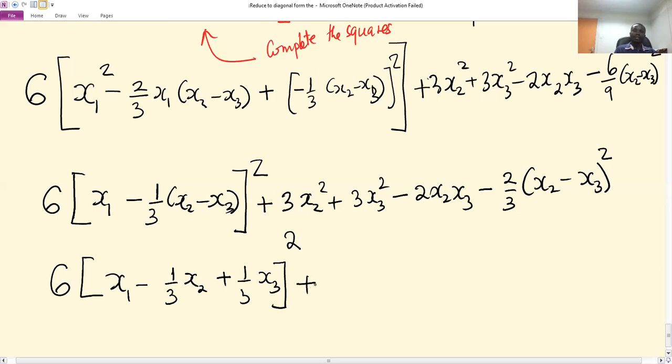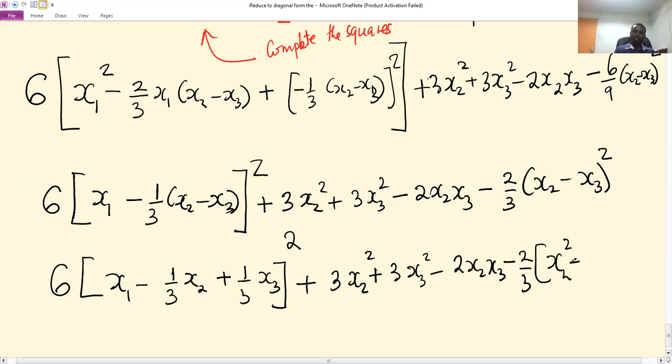So we'll have plus 3x2 squared plus 3x3 squared minus 2x2 x3. So when you square this bracket, you'll have negative 2 over 3 into x2 squared minus 2x2 x3, and then plus x3 squared.